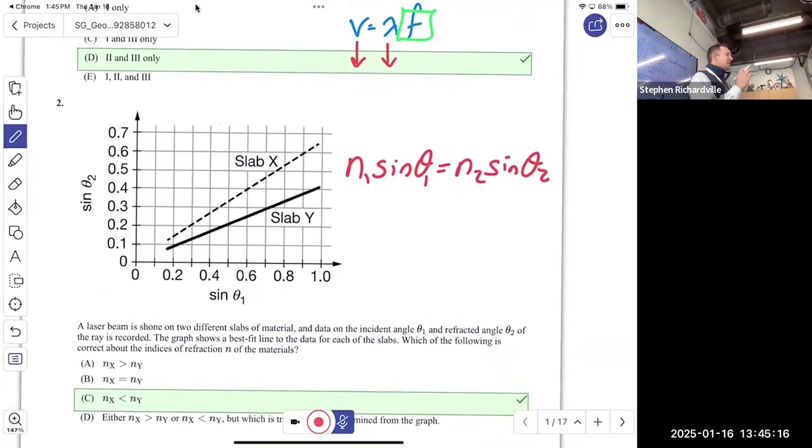If my equation is N1 sine theta 1, if I look at the slope, which would be sine theta 2 over sine theta 1, so sine theta 2 over sine theta 1 is my slope. Fair? Right? Because rise over run. But if I look at the equation, that means the slope is actually what? N1 over N2.